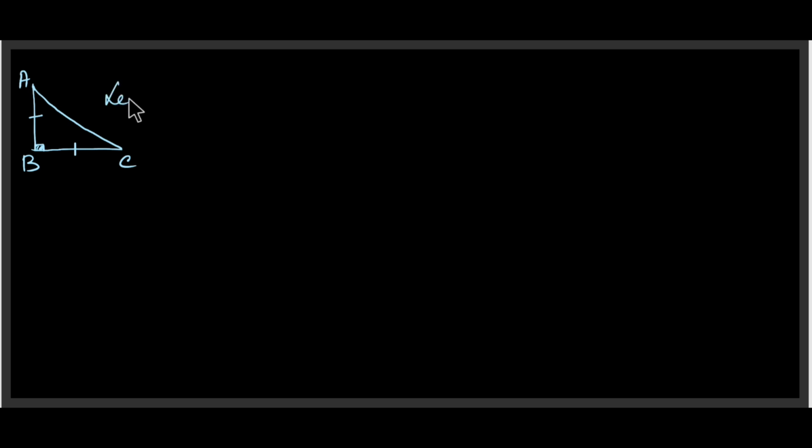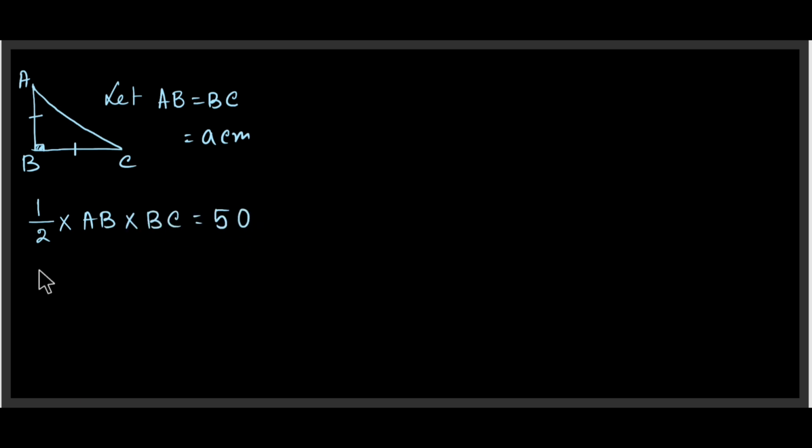So let AB equal BC equal A centimeter. Now given that the area of the triangle is 50 centimeter square, so we can equate that half into AB into BC is 50 centimeter square. So half into A into A equals 50 centimeter square.